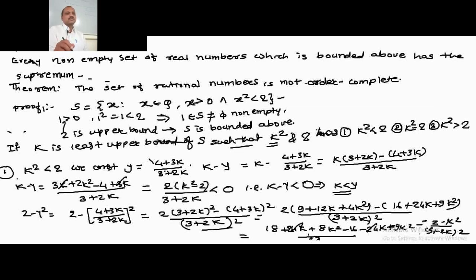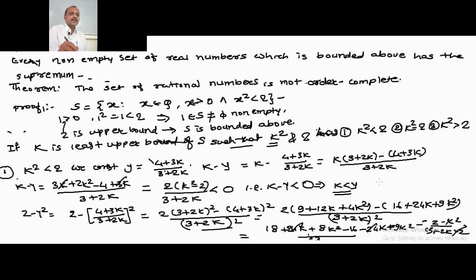2 minus k square: but k square is less than 2, therefore 2 minus k square is positive. The denominator is already a square term, so this term is greater than 0.